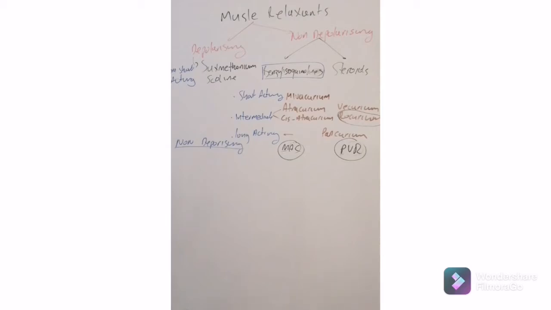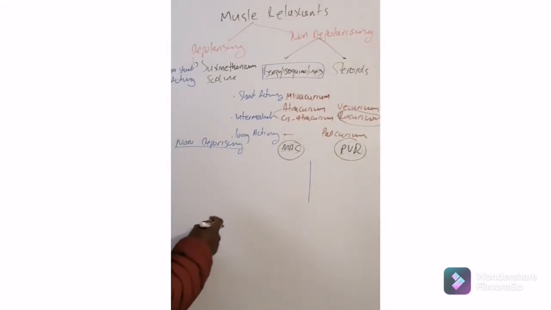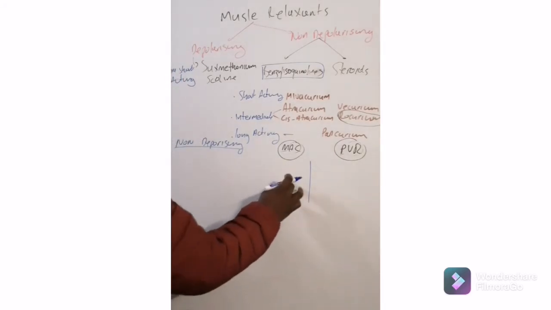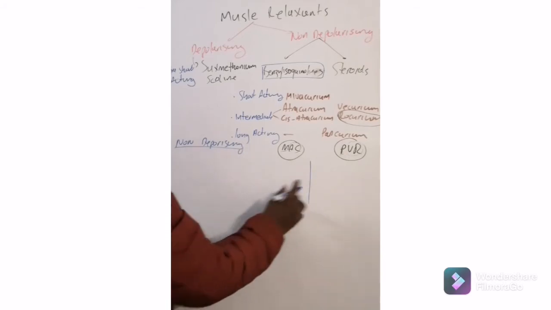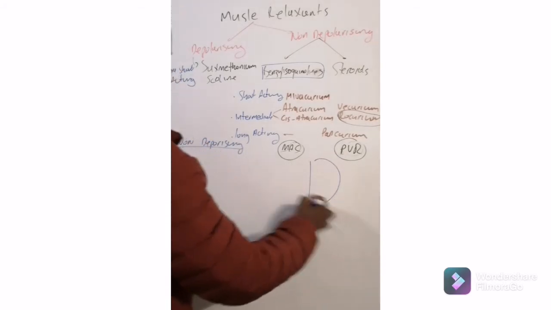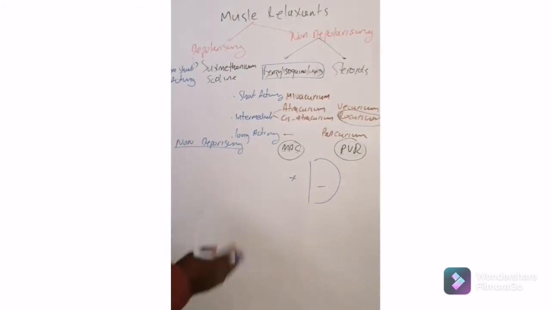Depolarization is when the membrane potential changes. There's a difference across the membrane. Remember, if this is the inside of the cell, initially it's negative and the outside is more positive.